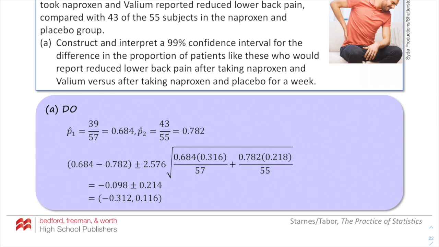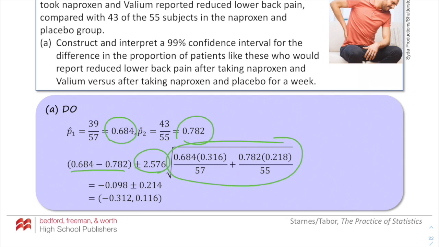Now we calculate. Find your p-hat1, so that was for taking the Valium with the naproxen, and then the p-hat2, that was the placebo. Subtracting them gives you your statistic. We have our z-value based on the 99% confidence interval, and then we find that standard deviation.